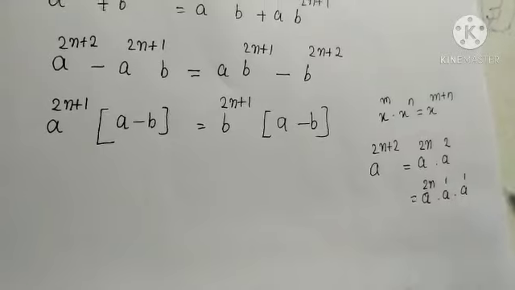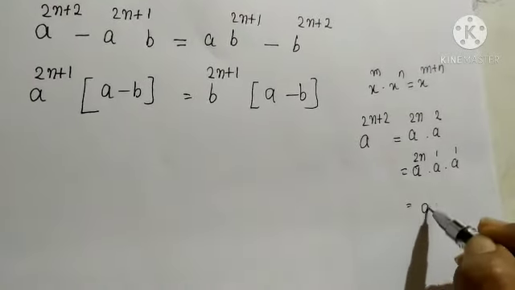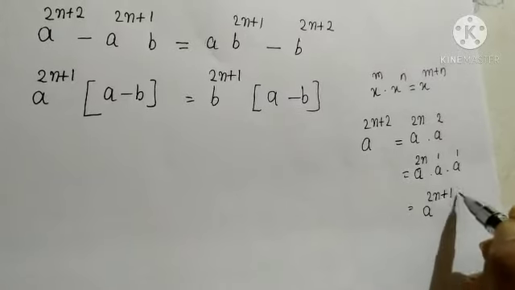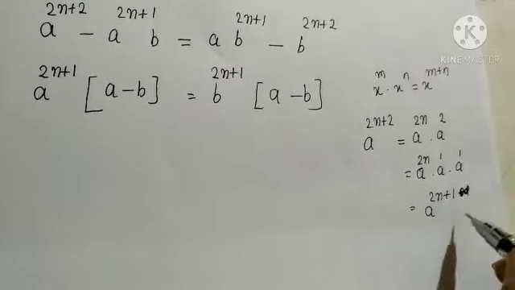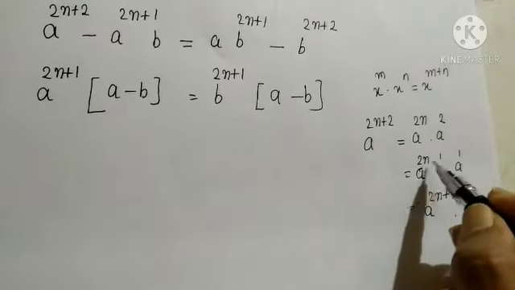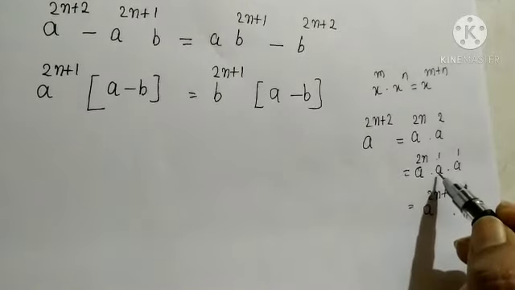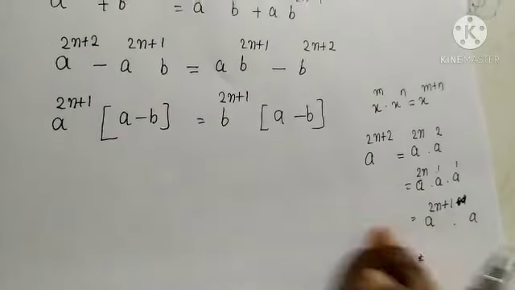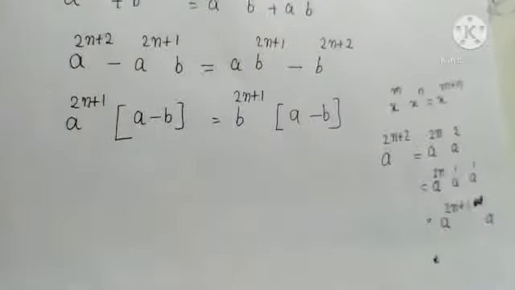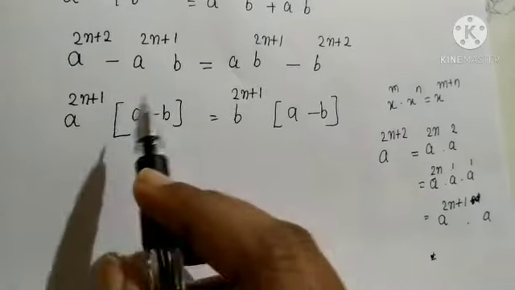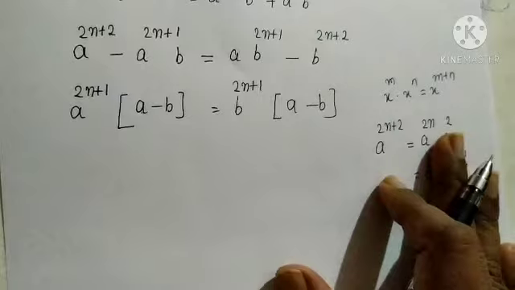This a has a power of 1, so this can also be written as a raised to 2n plus 1 into a. So taking these two terms, I am writing a raised to 2n plus 1 using law of exponent, and this is what I am using here for taking outside a raised to 2n plus 1. So the remaining term is a here. Okay, I hope you understood.